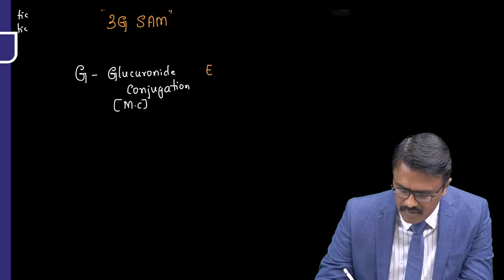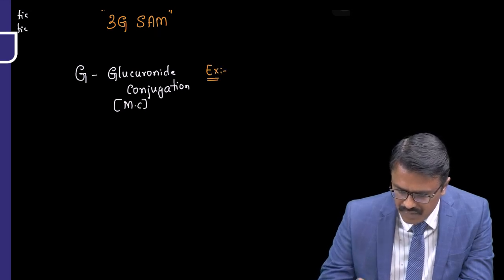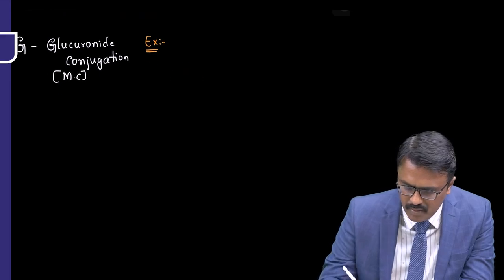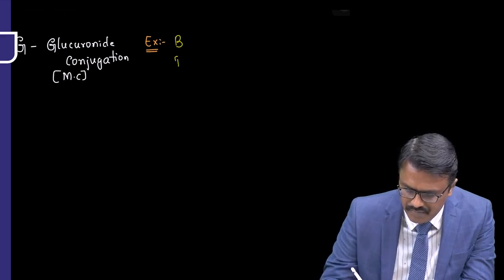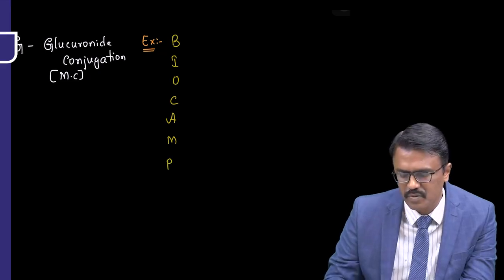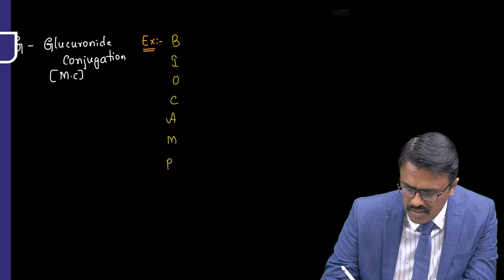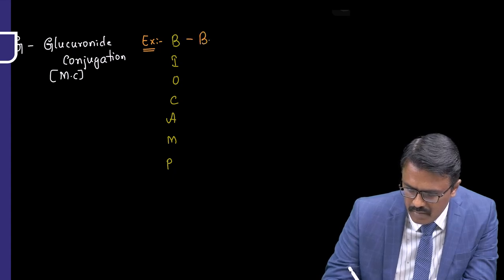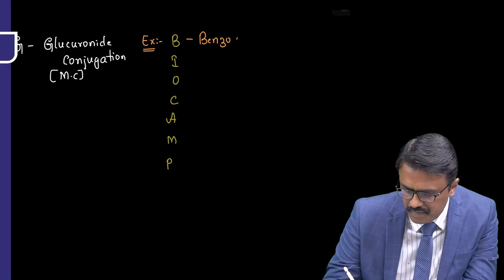Now, what are the examples of drugs which undergo this? You can remember the mnemonic BIOCHEM. There are plenty of drugs which undergo this, but I am just giving you some of the important drugs for your exams. Now, B stands for benzodiazepines.